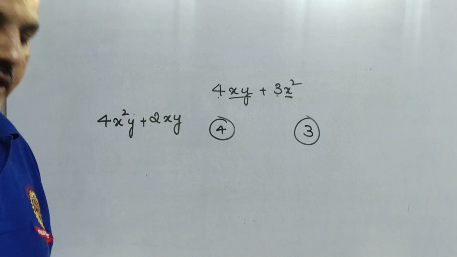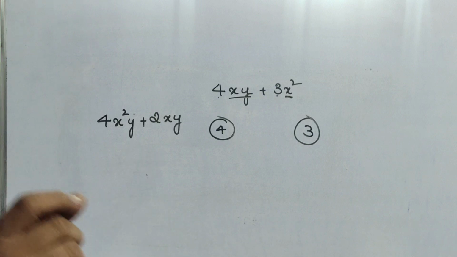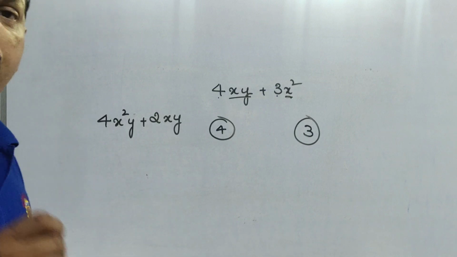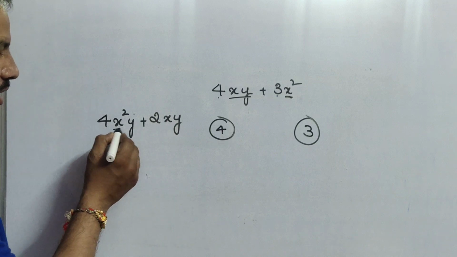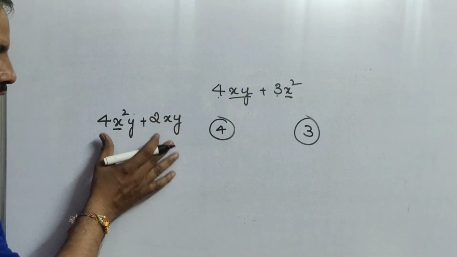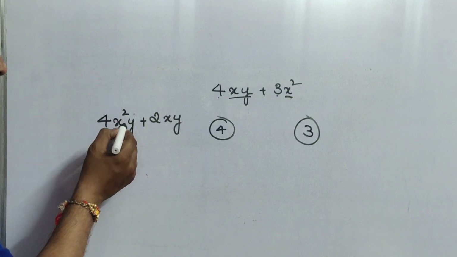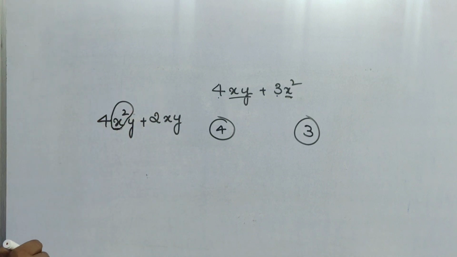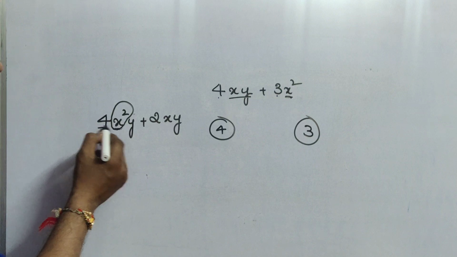But the way you read the English and understand the concept, it looks very neat. The question is, what is the coefficient of x square? That means, where is x square? Here it is. In this expression, you have x square only here. That means leave this x square. What did he ask? X square only. So leave that x square. What is left now? 4 and y.